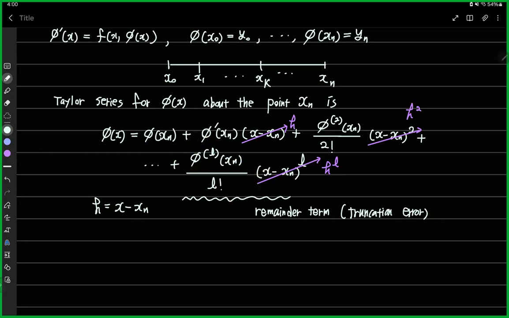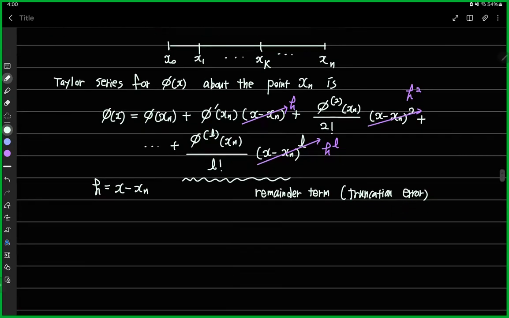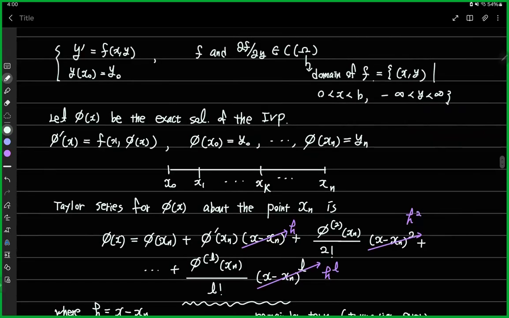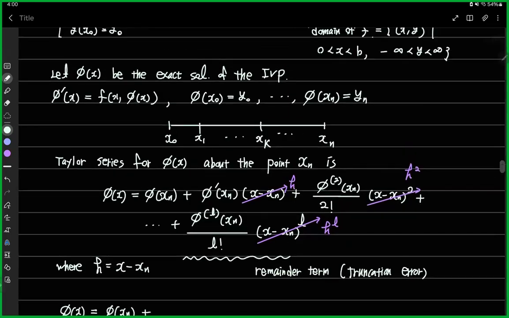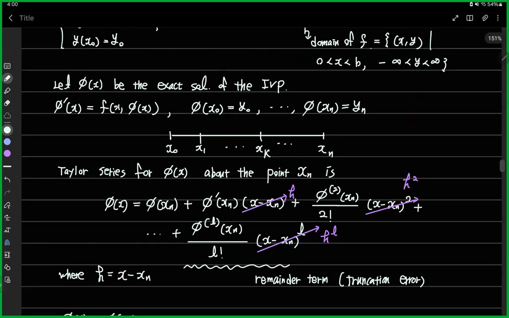So let me rewrite this. Phi of x is going to be phi of xn plus phi prime. Because phi is a solution to the initial value problem, phi prime is going to be f, so I'm going to replace this by f.